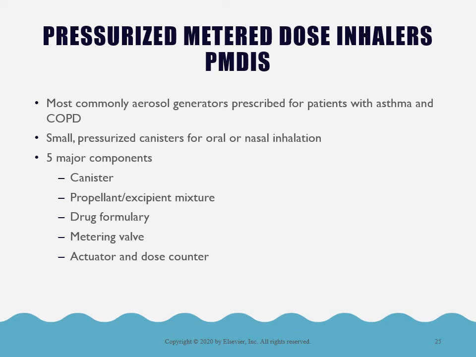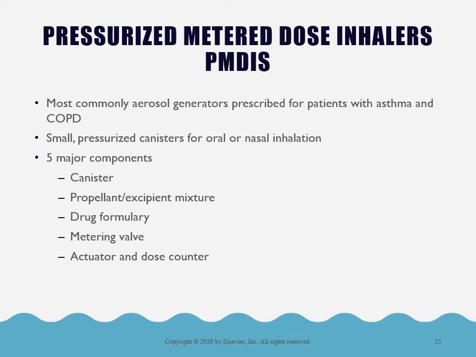Pressurized metered dose inhalers, or our boot-shaped MDIs. These are really, really commonly prescribed for patients with asthma and COPD, especially teenage to adult patients, but you can also use them with a mask spacer. They are small pressurized canisters that we use for oral or nasal inhalation.